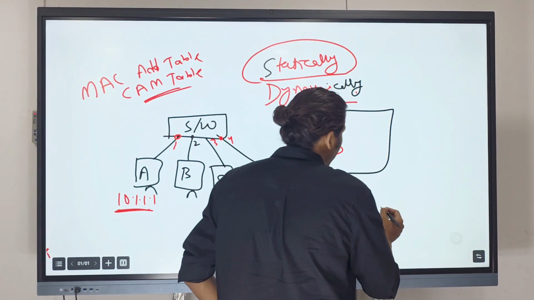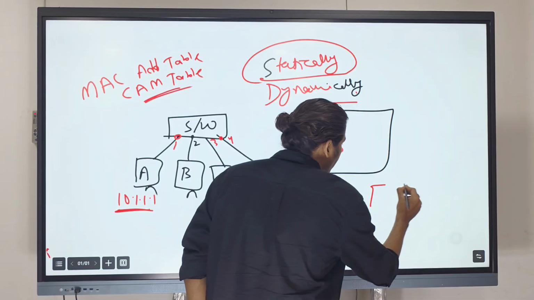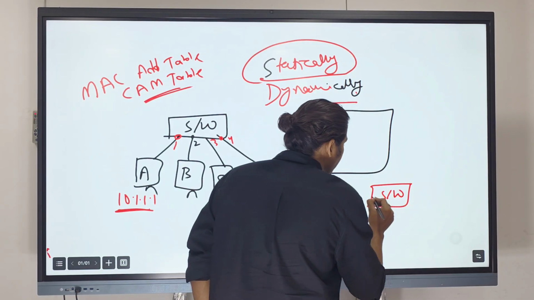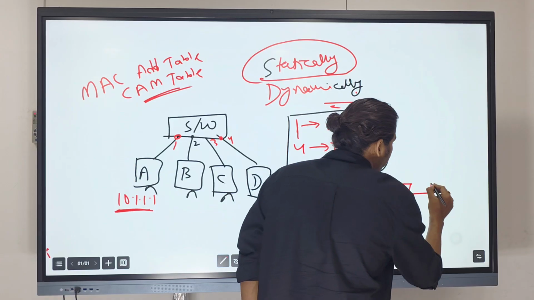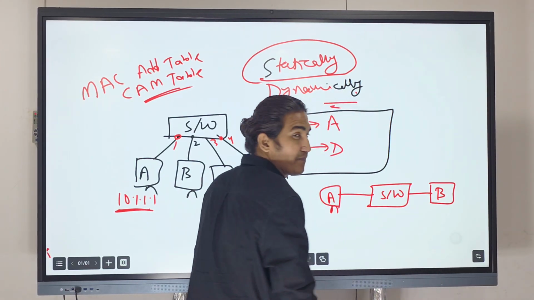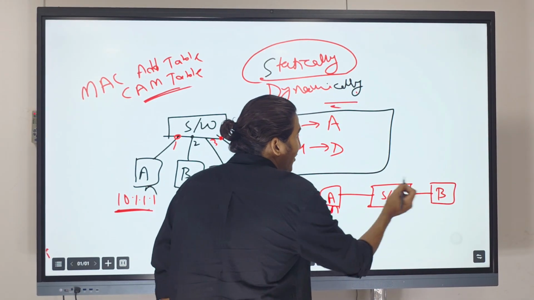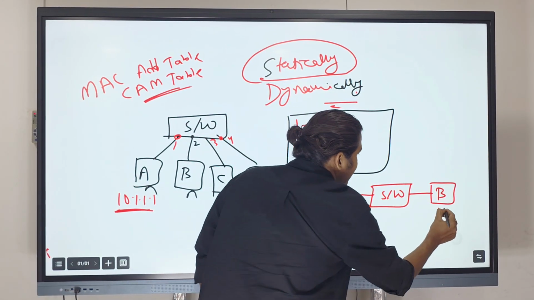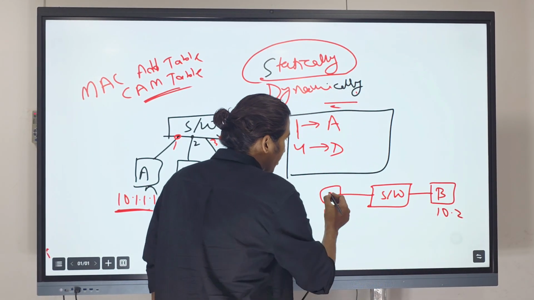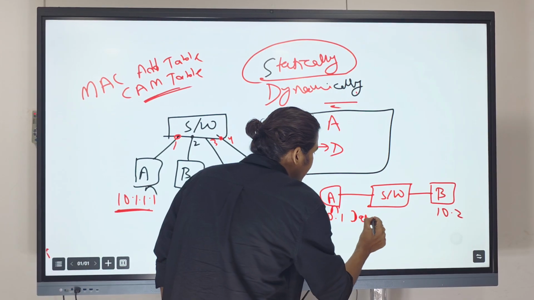Let's say another example. We have one switch here, one PC whose MAC address is A, and another PC whose MAC address is B. If PC1 wants to send some data to PC2, with source IP 10.1 and destination IP 10.2, PC1 will generate the actual data.